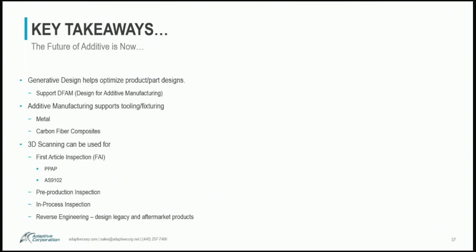Additive manufacturing, what we're running into very, very commonly today is people interested in employing additive for in-process tooling, jigs, fixtures, CMM fixtures, weld fixtures. There's 100 different applications. So as you look at maybe employing additive within your organization, just walk around your shop.